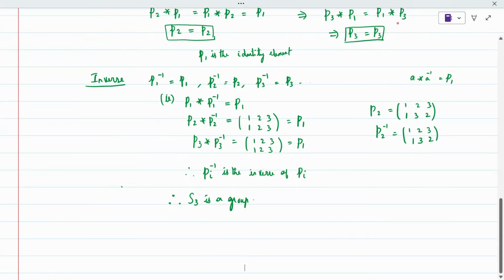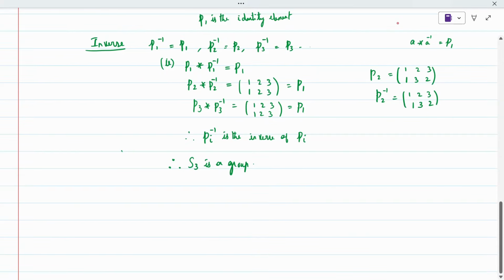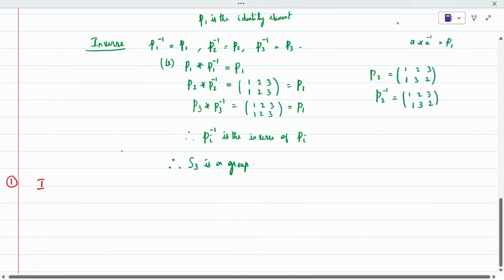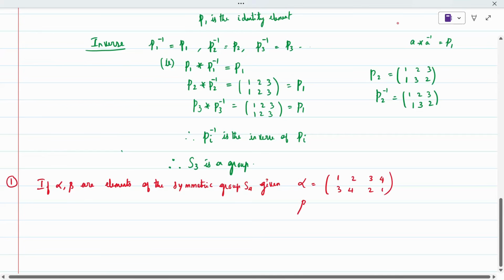First problem: if alpha and beta are elements of the symmetric group S4, given alpha equal to 1, 2, 3, 4 over 3, 4, 2, 1 and beta equal to 1, 2, 3, 4 over 2, 4, 3, 1.